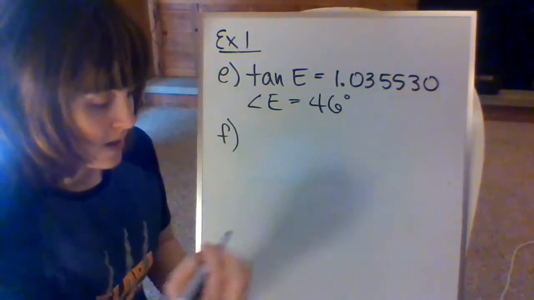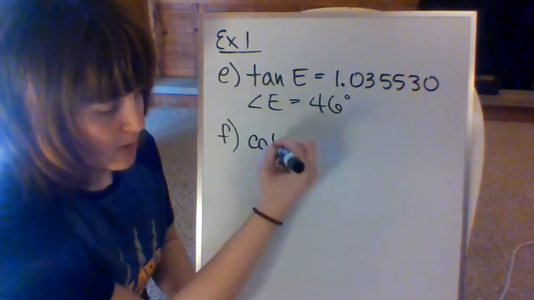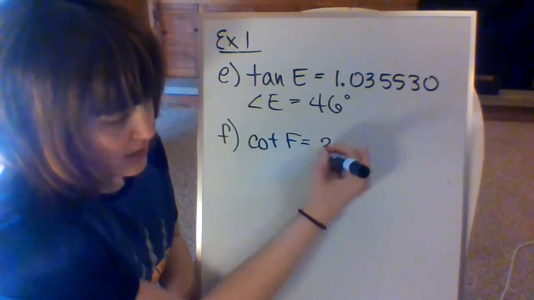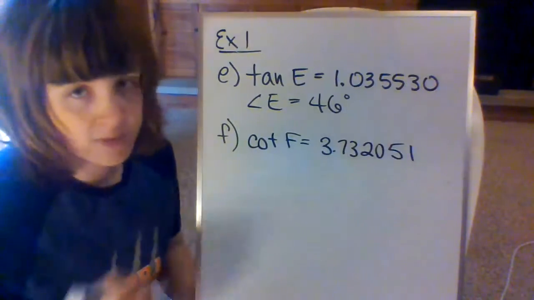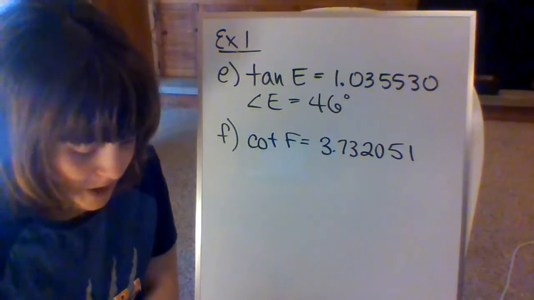Alright, and then lastly, for example 1, cotangent F is 3.73205. So we're going to type that decimal in first.